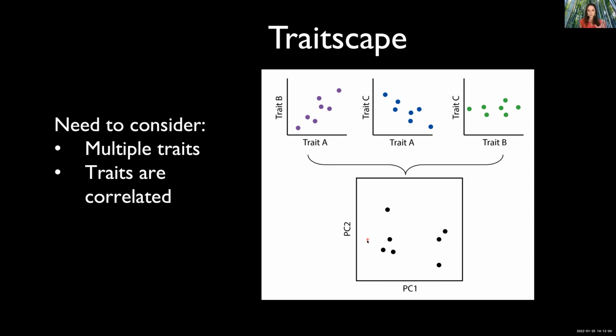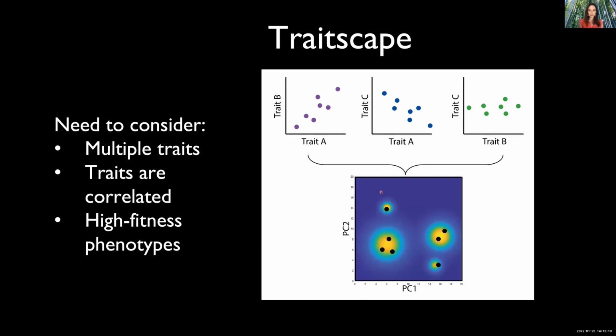But this space also captures the underlying correlations between traits that we see. Furthermore, the existence of strains within this PC space, the actual data points that you measured in the lab, tells us where plausible high fitness phenotypes exist, because we know that these are populations that are realized.